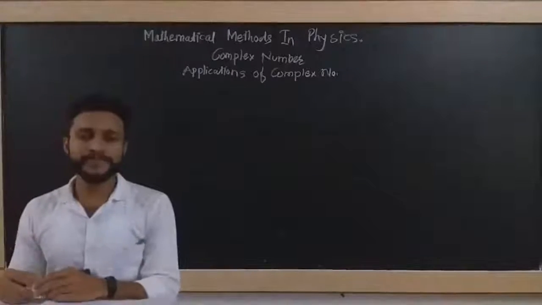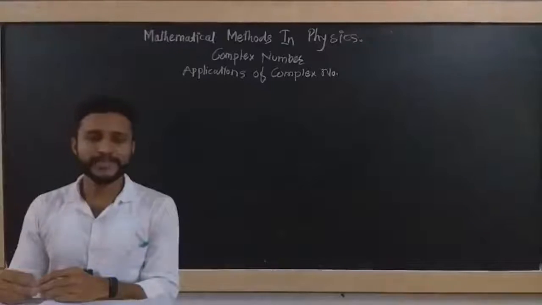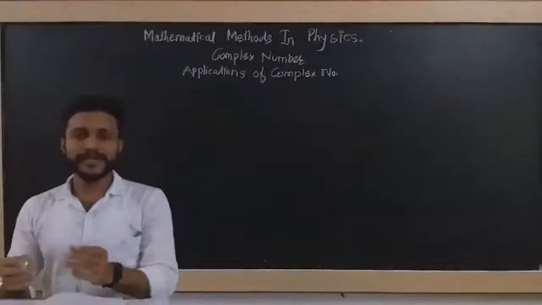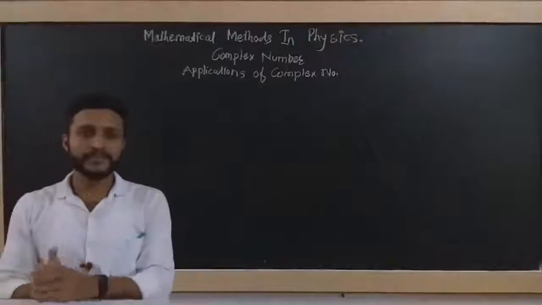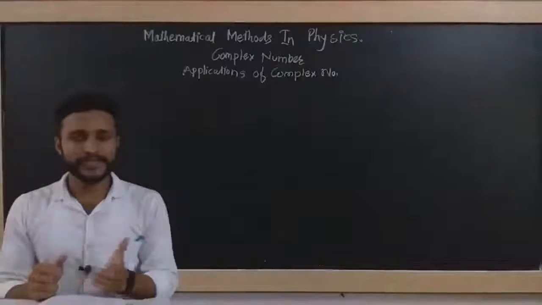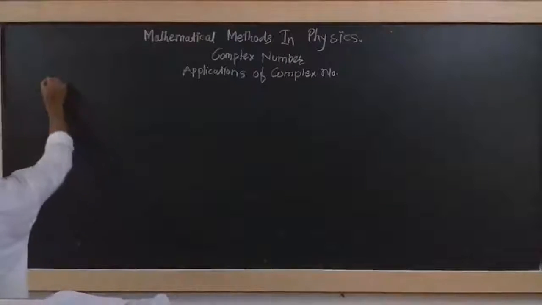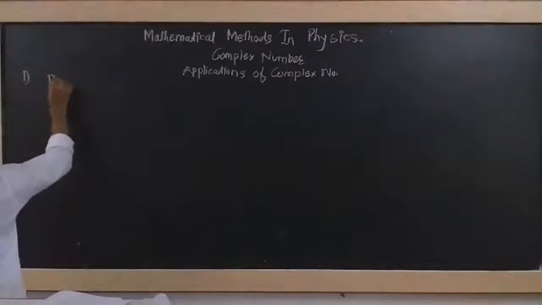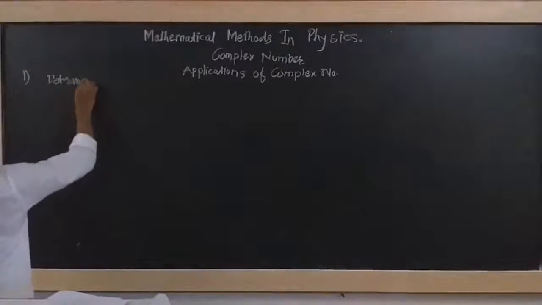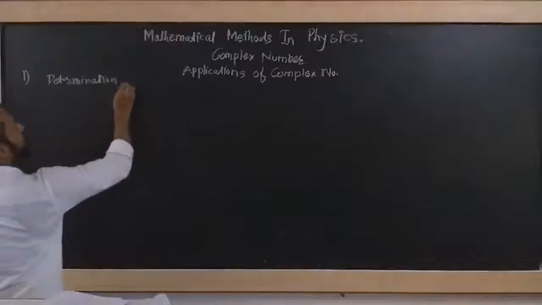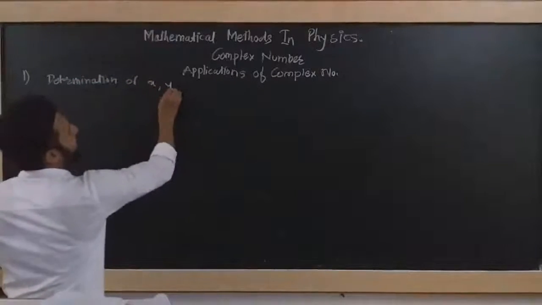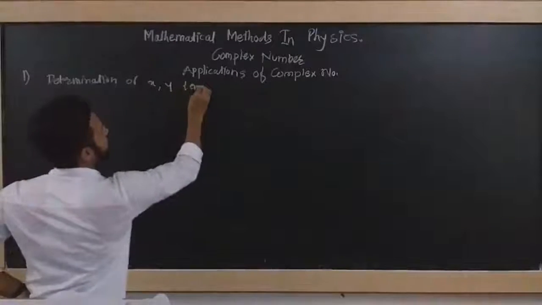Now let's solve some problems associated with complex numbers. I have categorized the types of problems, so we'll go through them. The first category is the determination of x and y terms.